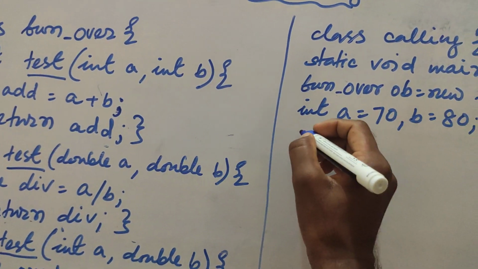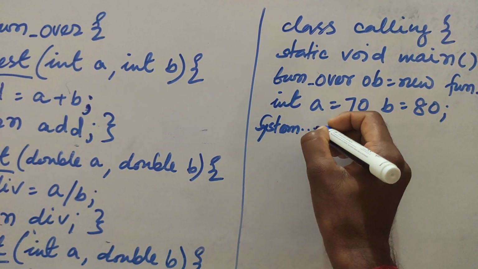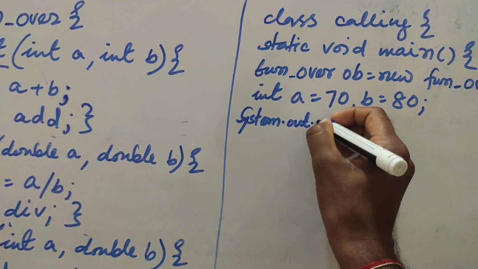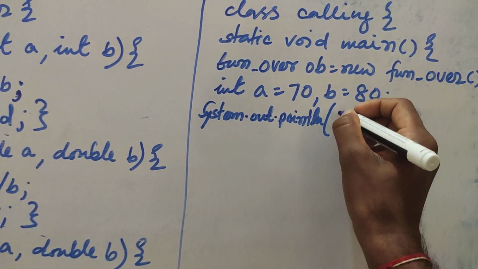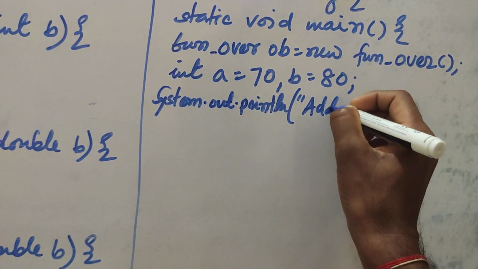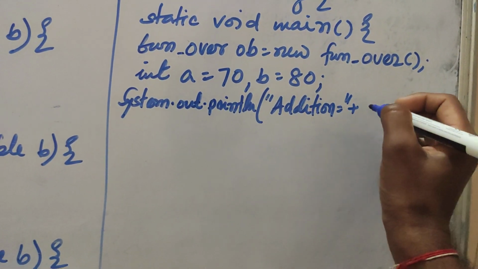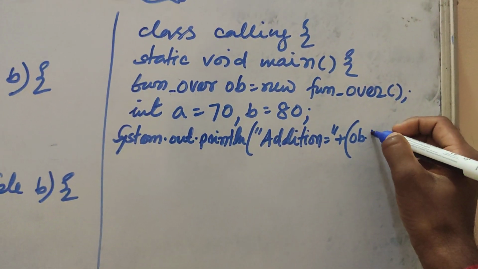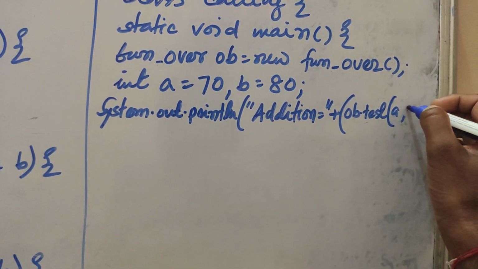Otherwise, directly system.out.println, or print sum or addition. I am giving here addition equal to plus direct ob dot function name test a comma b.